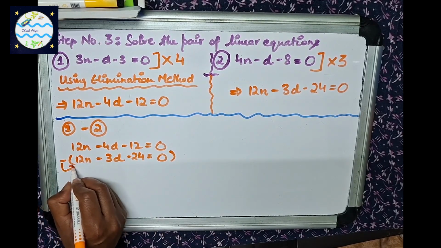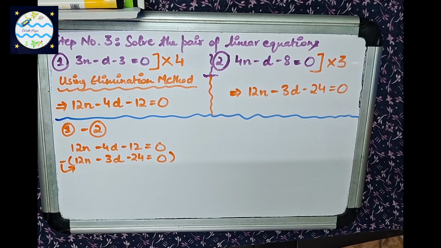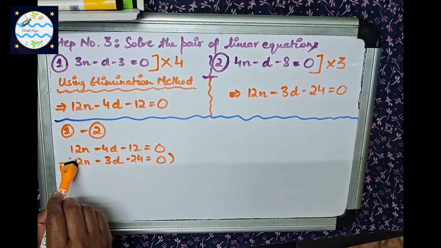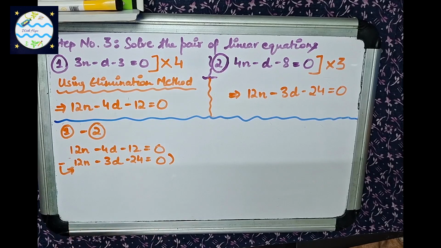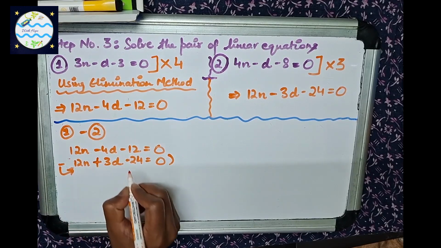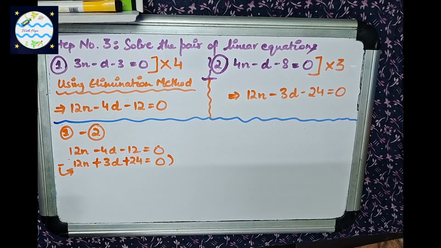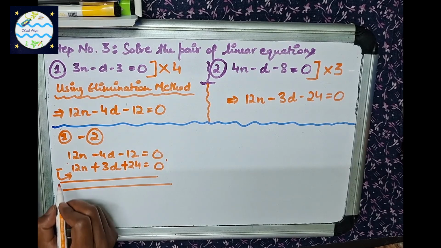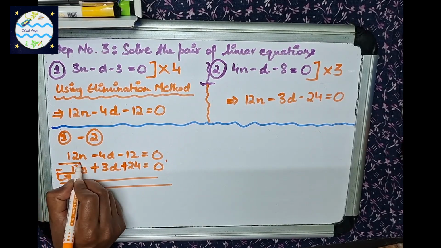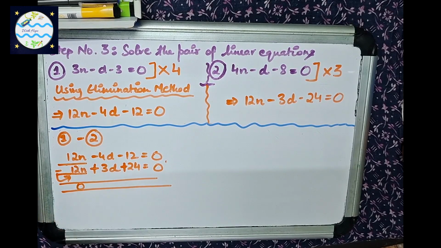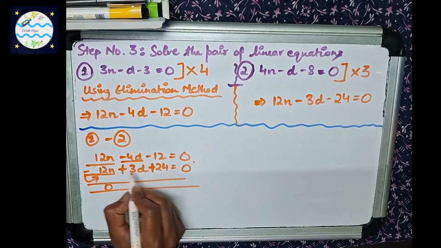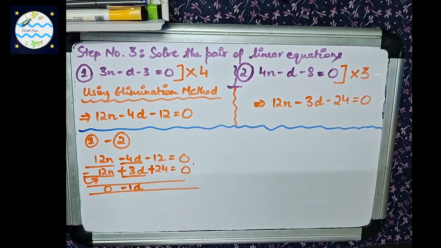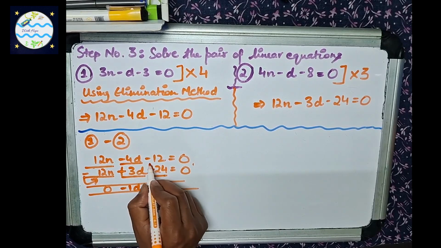On opening the bracket, the minus sign will affect the signs of the terms within the bracket. 12n will become minus 12n, minus 3d will become plus 3d, and minus 24 will become plus 24. 12n minus 12n is equal to 0, minus 4d plus 3d is equal to minus 1d, and minus 12 and plus 24 will give us plus 12.